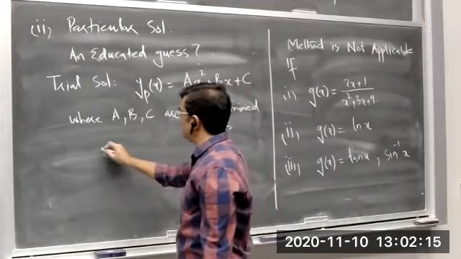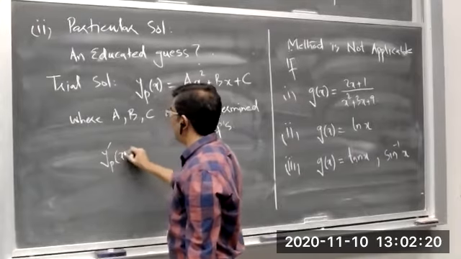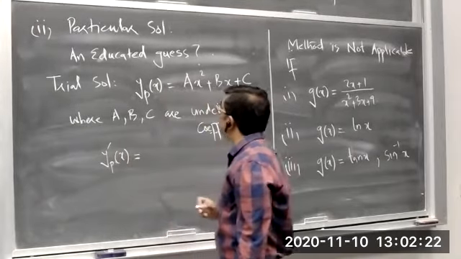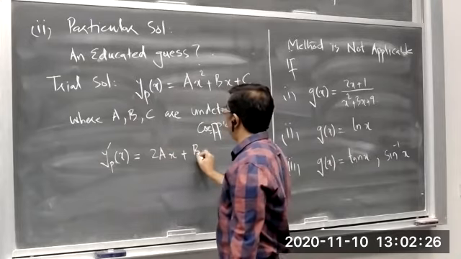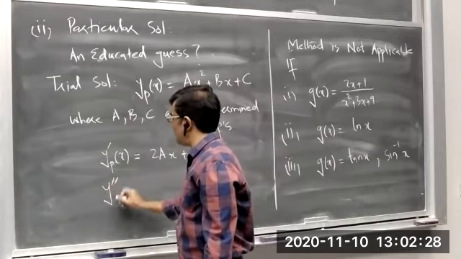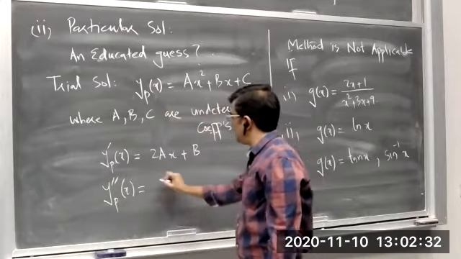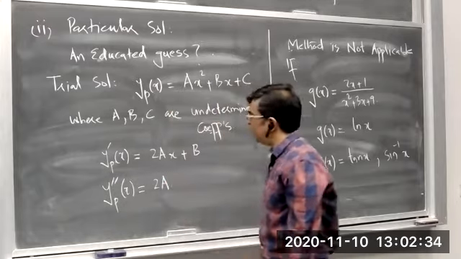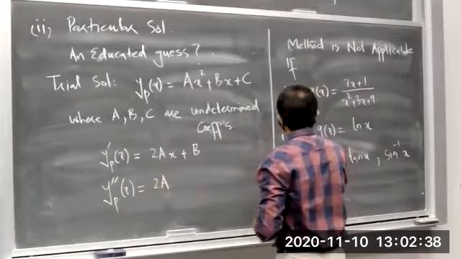For that, we need to find its two derivatives. So we are going to find yp dash of x, which is 2ax plus b, and yp double dash of x is 2a.